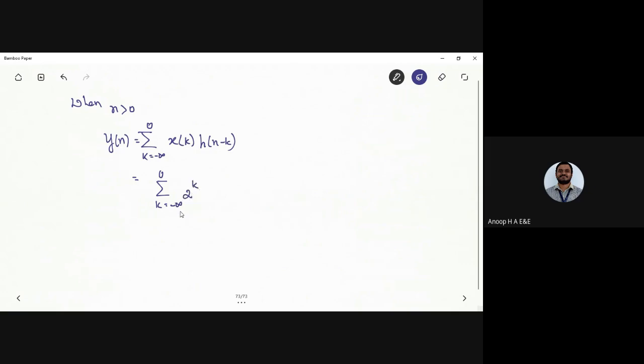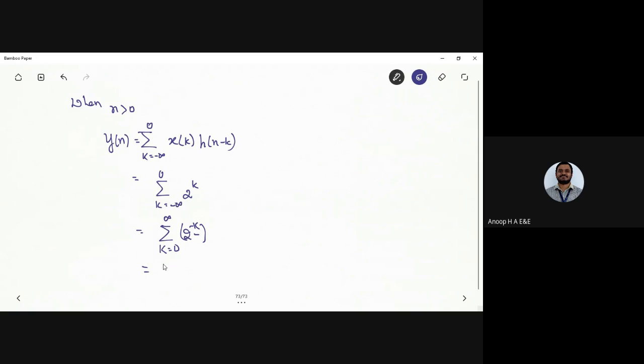So interchanging the order of the summation, I have sigma k equals 0 to infinity. What I change here is the order of the summation and also the sign change. So I'll be having a reversal in the sign in the coefficient of this factor which is mentioned here.